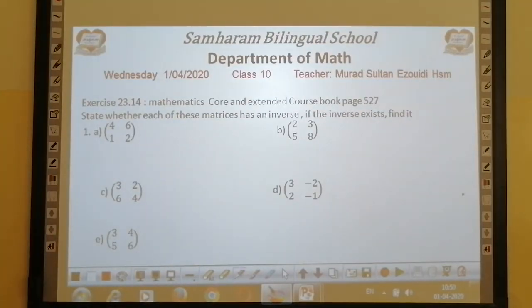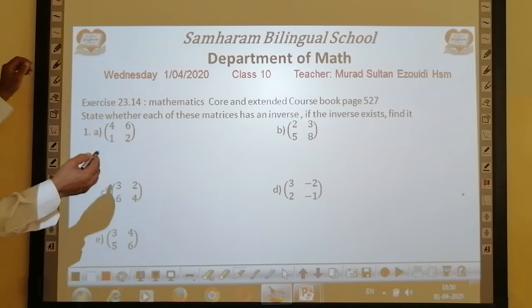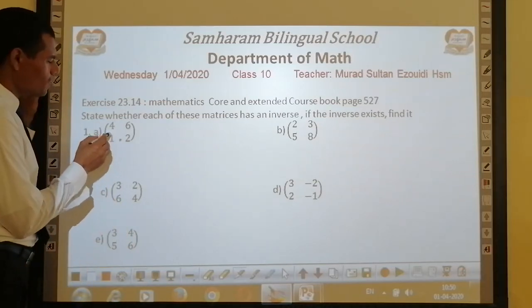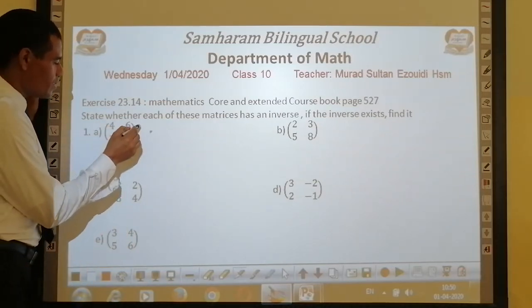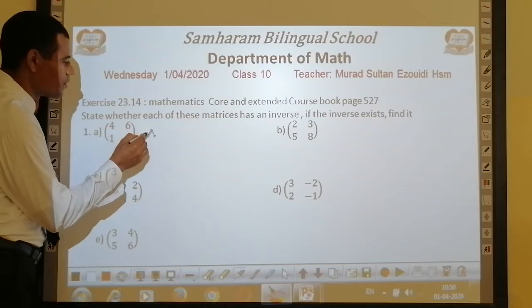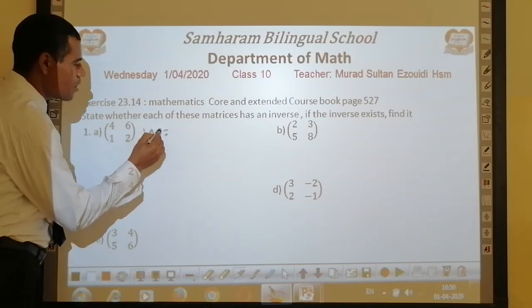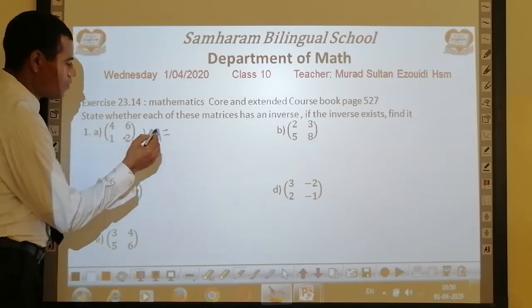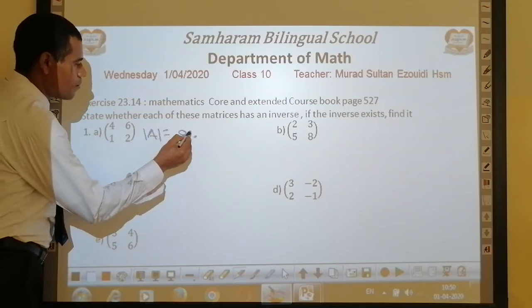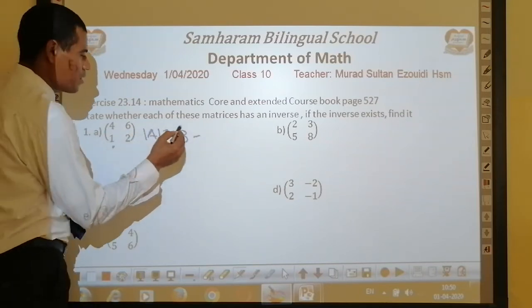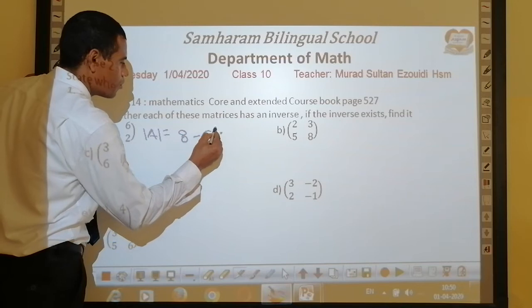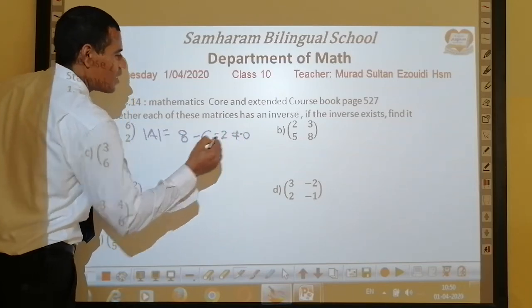Now state whether each of these matrices has an inverse and find its inverse. This one, the first one, is the matrix [4, 1; 6, 2]. I will label this matrix A. What is this determinant? 4 multiplied by 2 is 8, minus 1 multiplied by 6 is 6. So 2 is different to 0. It has an inverse.